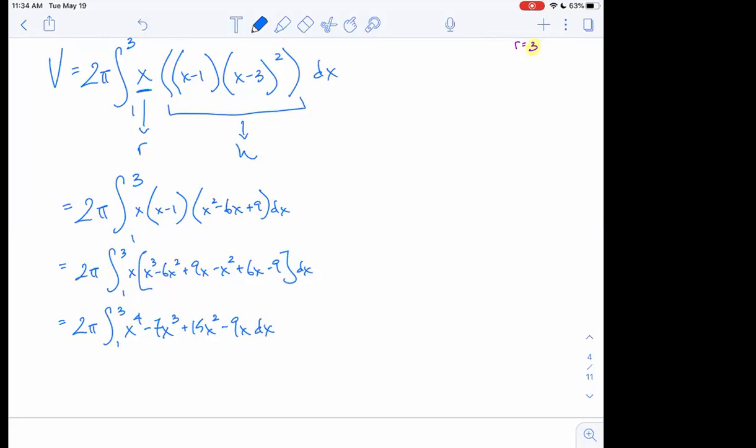All right, so let me just pause here for a moment. Make sure that when we're foiling this out that we get the same polynomial that I have here.